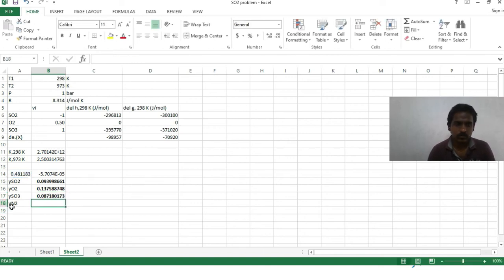Now we can determine the mole fraction of nitrogen at the exit stream by 1 minus the summation of these three values. This is what we are getting as the mole fractions of our reaction mixture at the outlet stream.